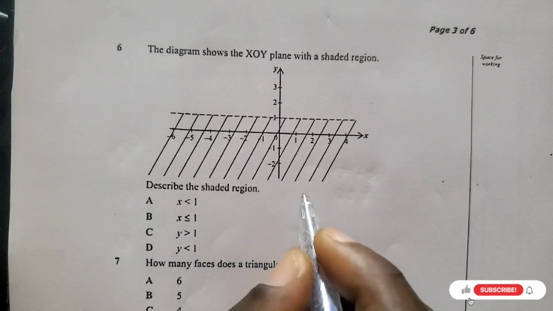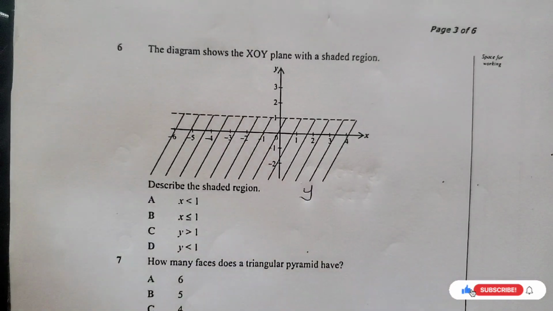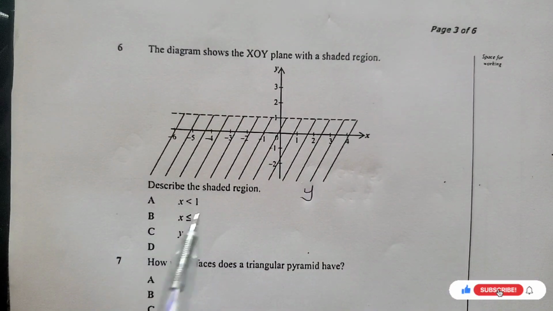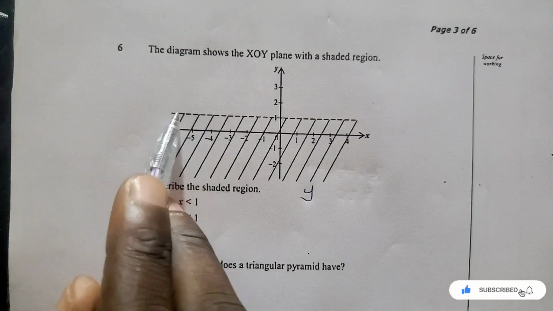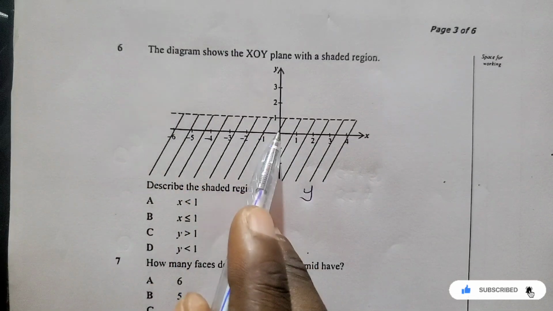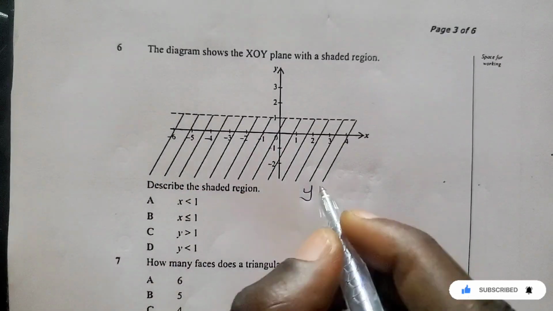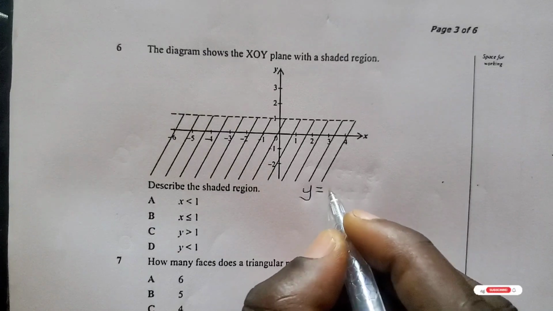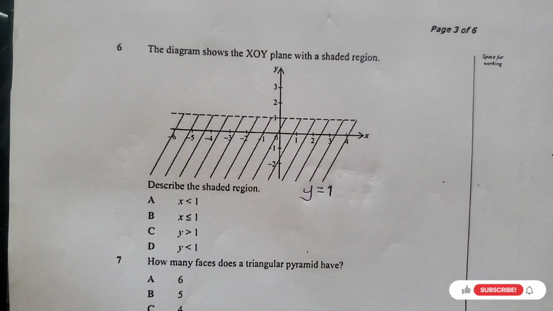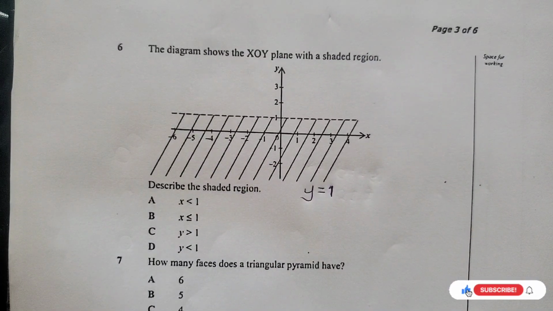So the first thing is that this should start with a y, because now it is cutting y at what point? This is 0. So this is positive what? Positive 1. So y equals positive 1. Now inequalities, we are not supposed to use equations. Understand this, my good friends.